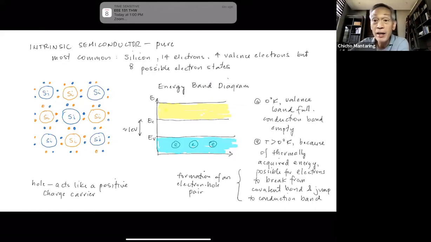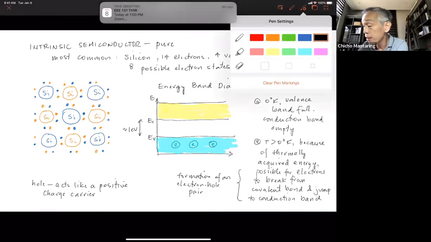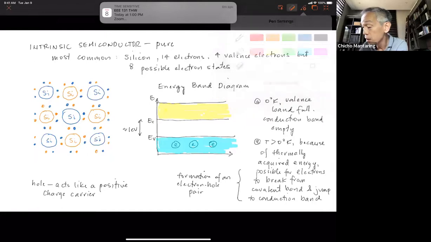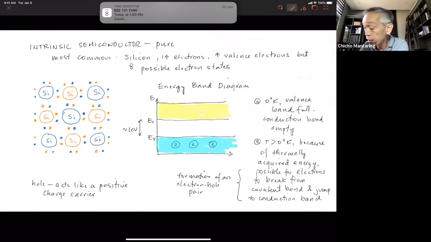The electrons acquire energy. This is thermally acquired energy. So because of thermally acquired energy, it is possible for electrons to break from the covalent bond and jump to the conduction band. So I'm going to illustrate that this way.